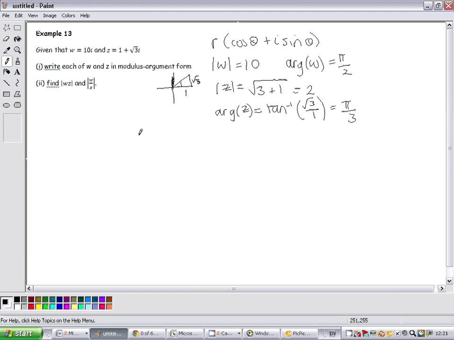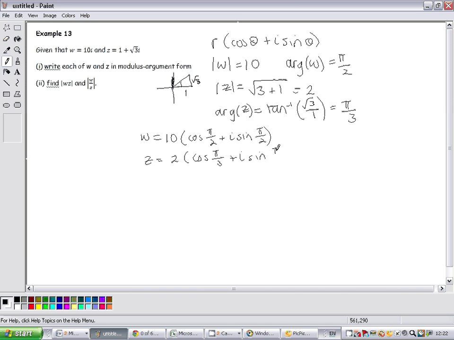So W is 10(cos pi over 2 plus i sine pi over 2). And if you have time in an exam, quickly multiply it out and check that it gets you back to what you started with. Z is 2(cos pi over 3 plus i sine pi over 3).